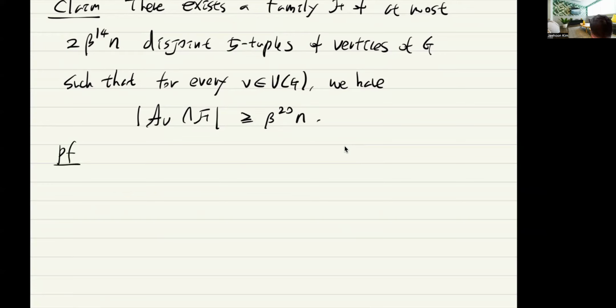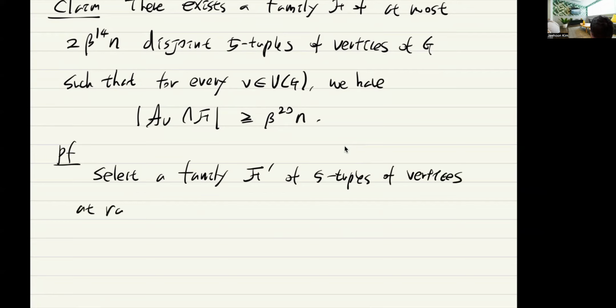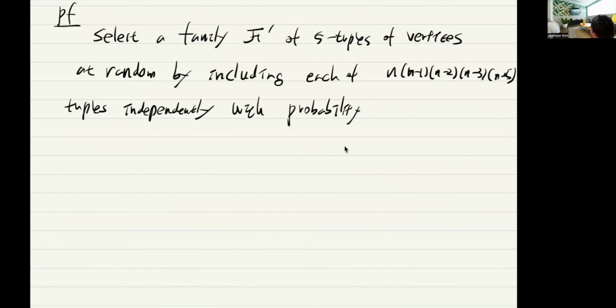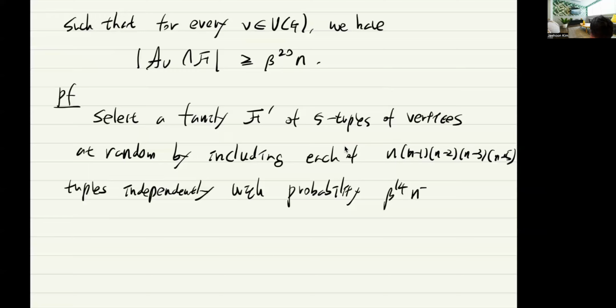So, proof. As I mentioned, we select a family F prime of 5-tuples of vertices at random, by including each of the n times (n minus 1) times (n minus 2) times (n minus 3) times (n minus 4) many 5-tuples independently with equal probability, which is β^14 times n to the negative 4.